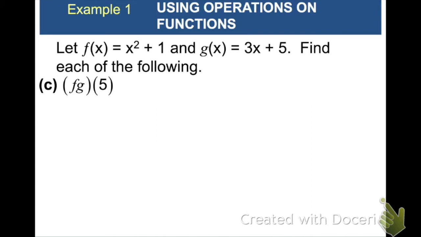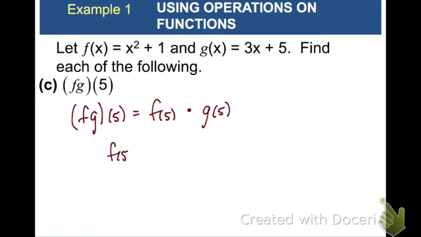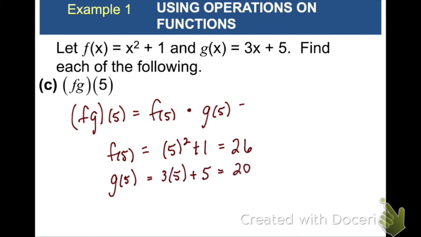In example C, we're going to have f times g of 5. So that's the same thing as f of 5 times g of 5. We have to find f of 5 first, and then g of 5, and then multiply our two answers together.